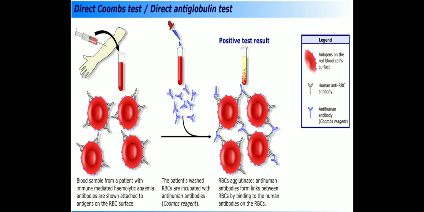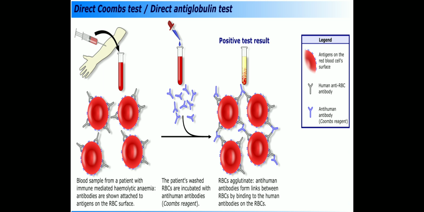What are these anti-human antibodies, or anti-human globulin? It is also known as AHG, and otherwise known as Coombs reagent. They are those blue Y-shaped structures. These are directed against our IgG antibodies, so it is an antibody to an antibody.